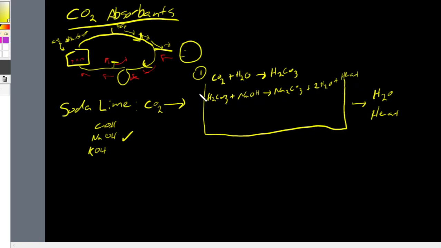So I'm going to label this reaction as 2. Now, one thing to note is that this second reaction, our sodium hydroxide with our carbonic acid, takes place very quickly. It's a fast reaction. I'm going to circle that. Fast reaction.